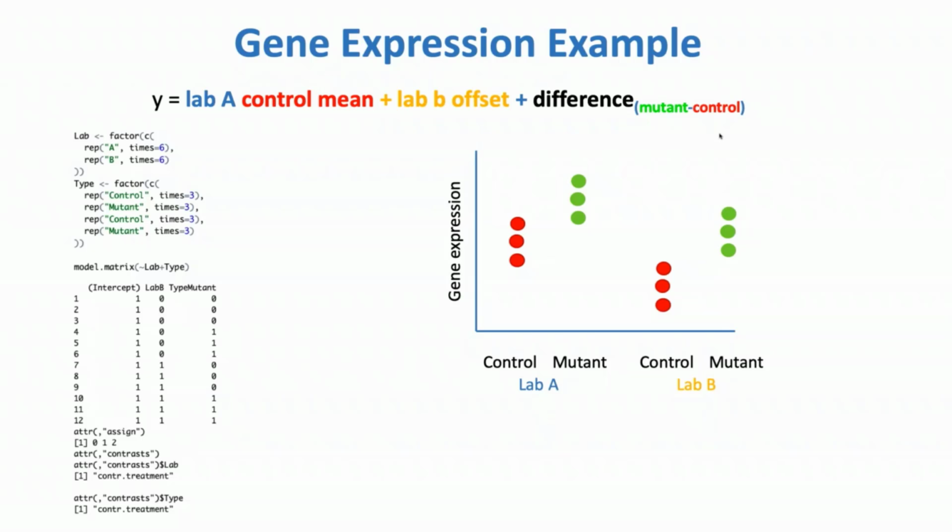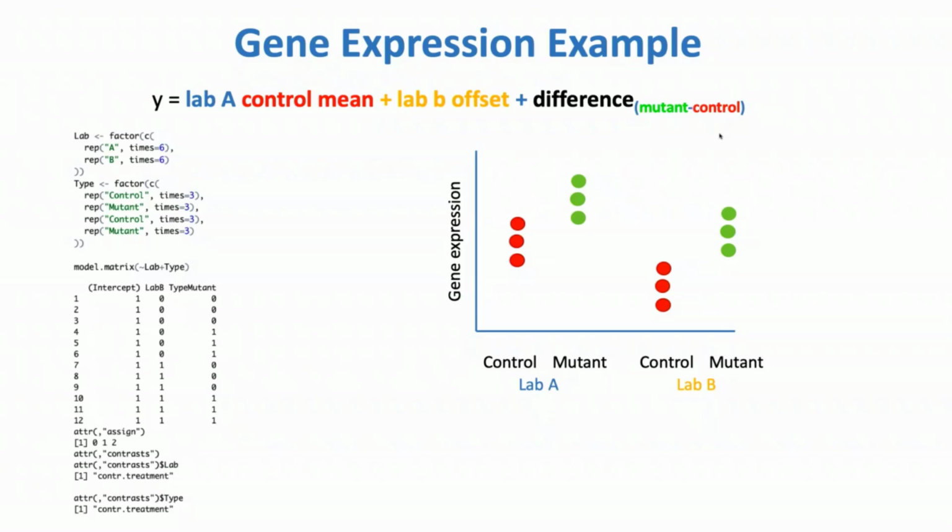Would it be helpful to know the mutant state of a sample, right? And it would be, because we can see that the gene expression is higher in the mutant than in the control. But we can also see that it's quite important in which lab the measurements were taken, right? But we're not interested in that specifically, right?